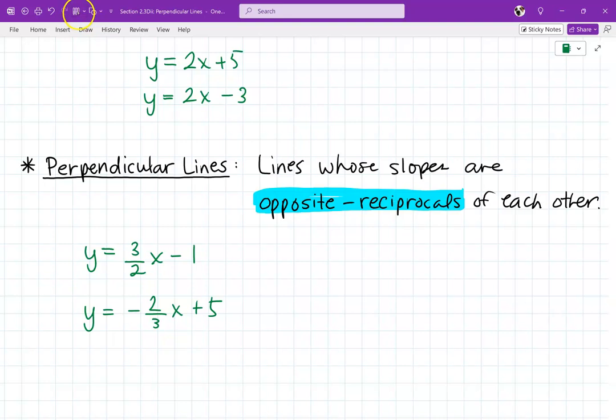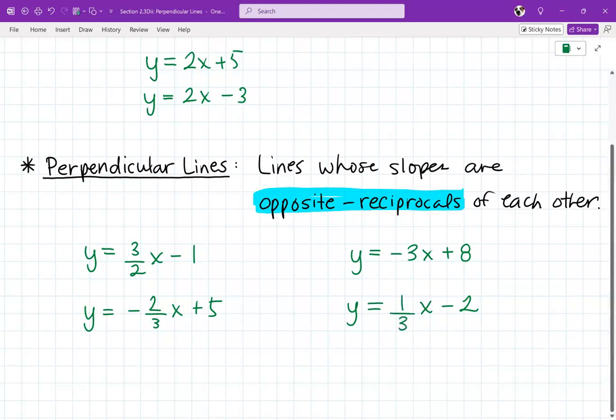So what if I gave you y equals negative 3x plus 8? What kind of slope would I need to make it perpendicular? Positive what? 3? Not positive 3. Positive 1/3.